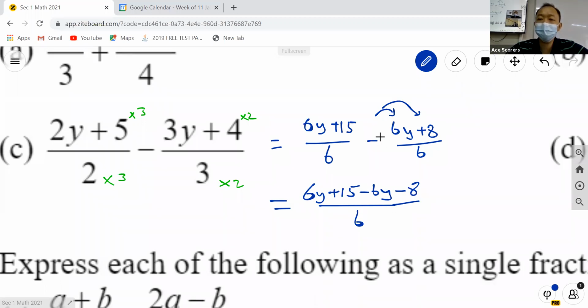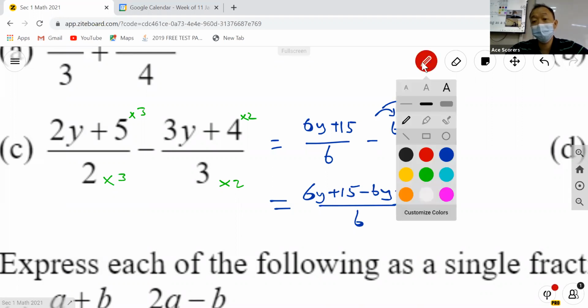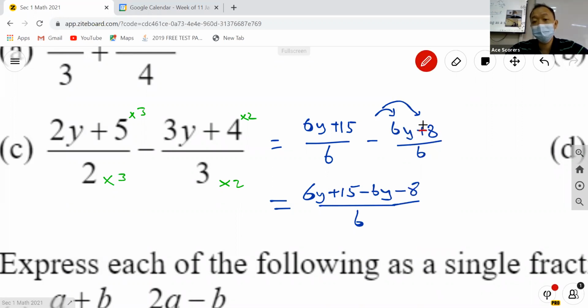Because it's take away, this minus this whole thing. So I gotta take away 6y, also take away 8, right? Instead of plus 8, you can see that it becomes minus 8. Let me highlight. Here is plus, but here is minus. Because when I combine, I have to take away this thing. So it's take away 6y, also take away 8. You don't write plus here.